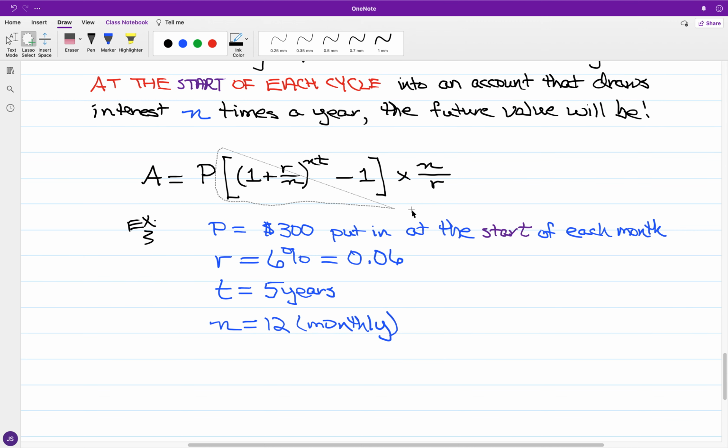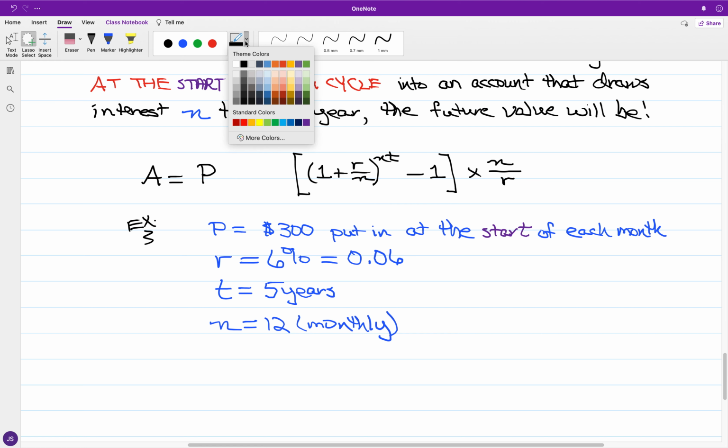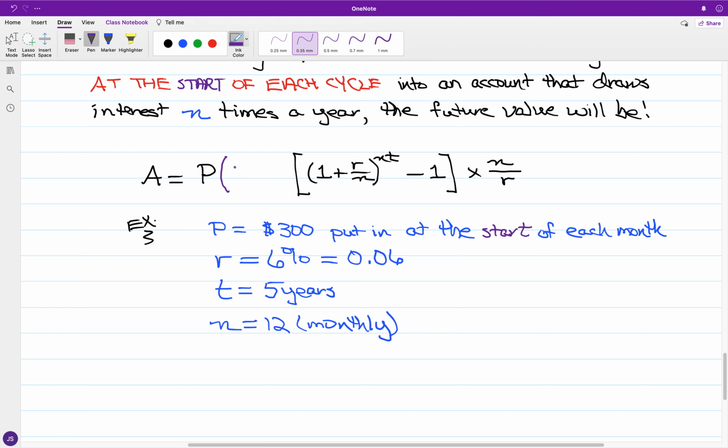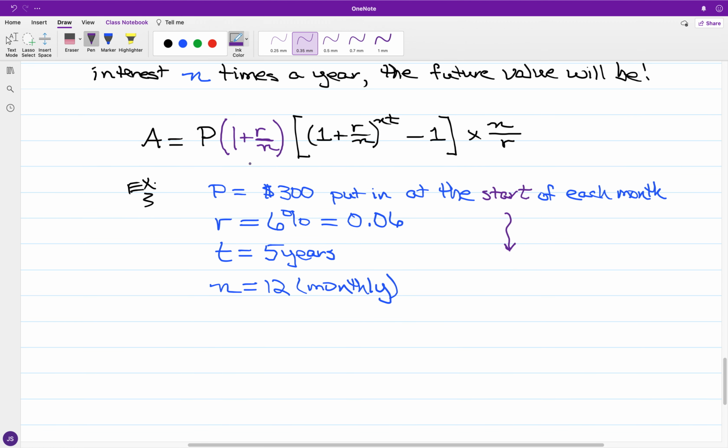And the slightest of modifications: if you had the most proactive depositing done, you can have the annuity formula, the conservative one, times just this factor, which is 1 plus R over N. So looking at $300 put in at the start of each month, we had this 1 plus R over N factor to consider.